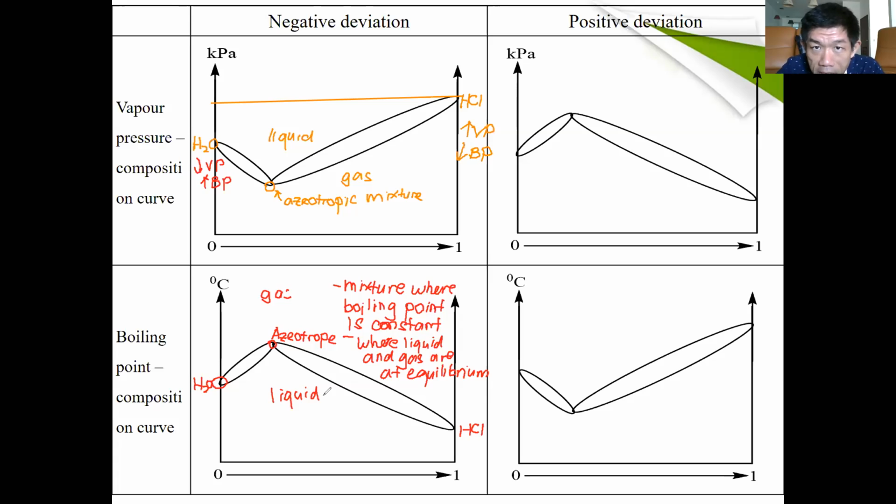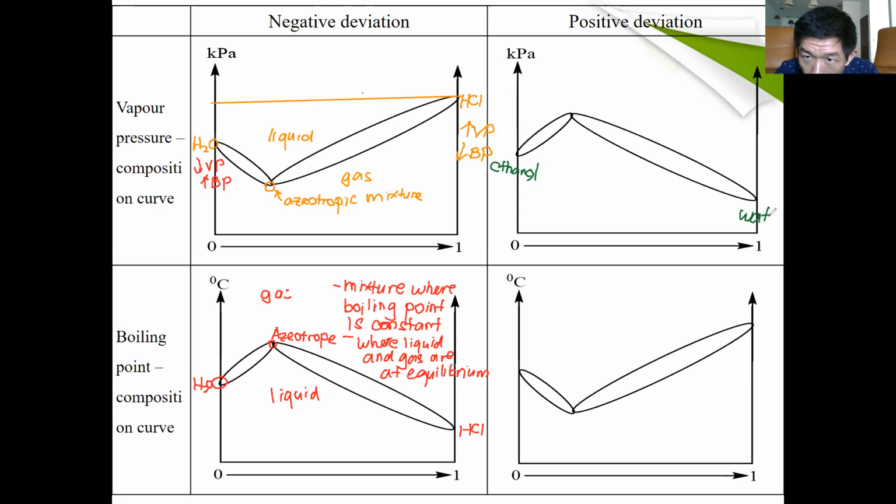As for positive deviation, how would it look? Let's say this is pure ethanol, and this is pure water.